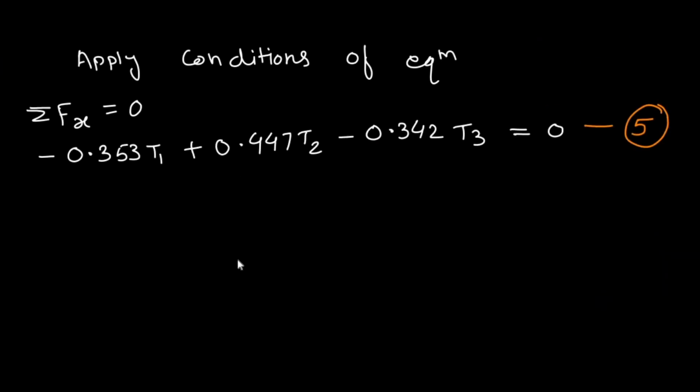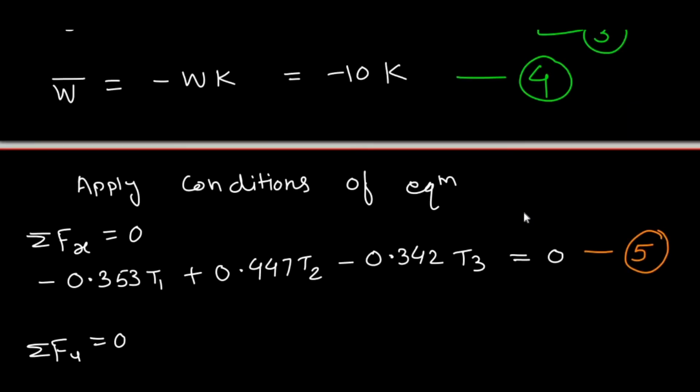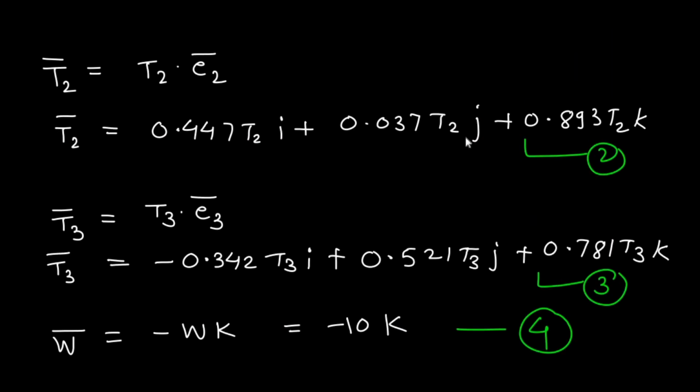Now we will go for the second condition of equilibrium, that is summation Fy is equal to 0. What is the meaning of that? The y component of the forces, that is the coefficient of the j unit vector.